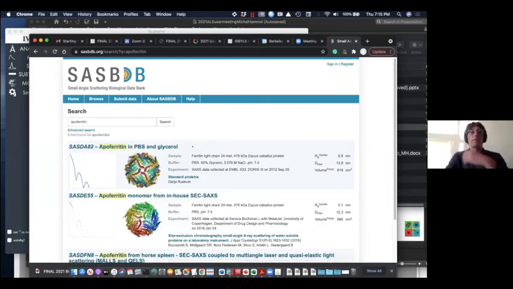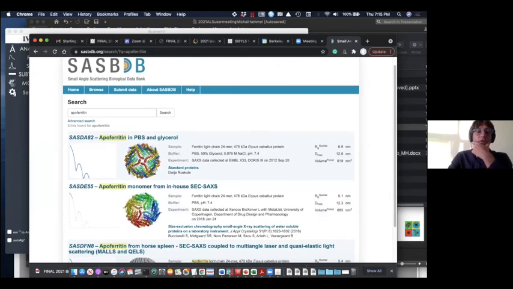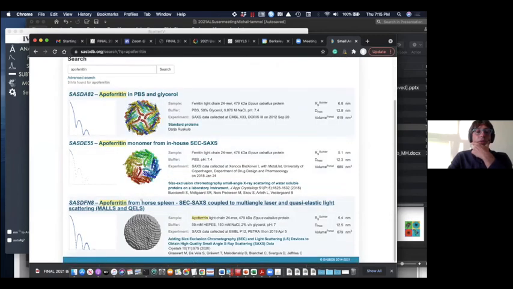Oh yeah, so you see there are some apoferritin even collected on the size exclusion coupled SAXS. Obviously, this apoferritin is not in size exclusion coupled SAXS and has a different RG than the size exclusion coupled SAXS collected apoferritin.